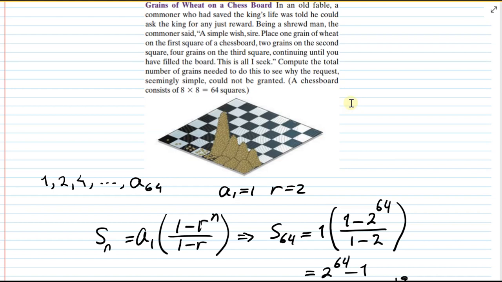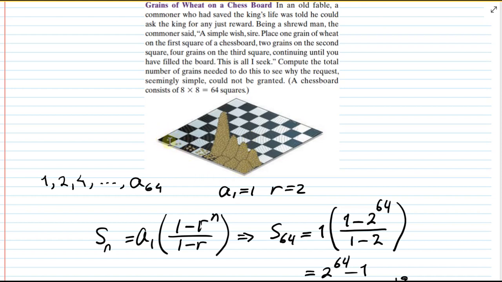Being a shrewd man, the commoner said, "A simple wish, sire. Place 1 grain of wheat on the first square of the chessboard, 2 grains on the second square, 4 grains on the third square, continuing until you have filled the board. This is all I seek. Compute the total number of grains needed to do this to see why the request, seemingly simple, could not be granted."